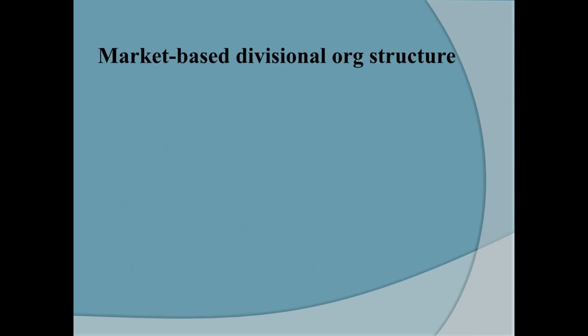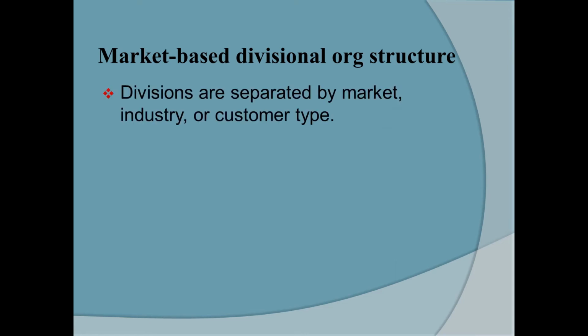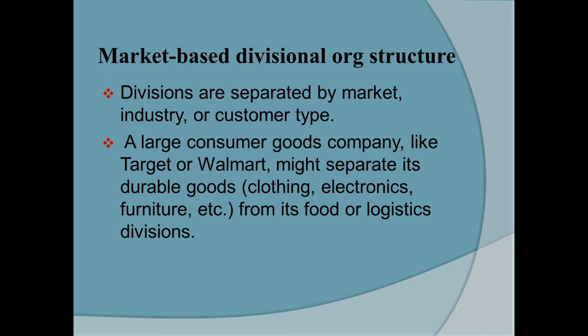So under this divisional organizational structure, we have the market-based divisional org structure. Here, divisions are separated by market, industry, or customer type. A large consumer goods company like Target or Walmart, so this is one type of company, might separate its durable goods.